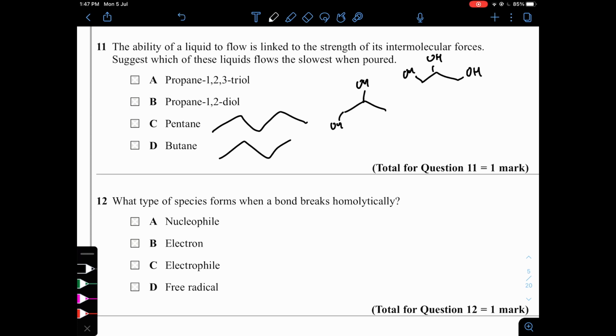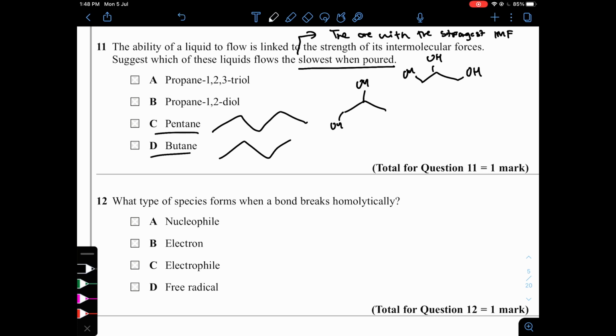Now if these liquids are stacked the same way, in a liquid, the slowest to be poured out would be the ones with the strongest IMF. So we need to look at what type of bonding is involved. Butane and pentane only have London forces, because they're not even polar.